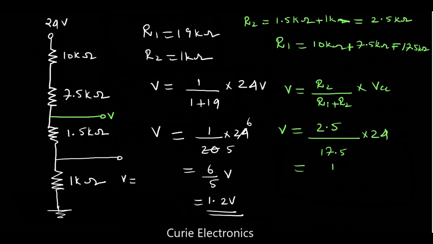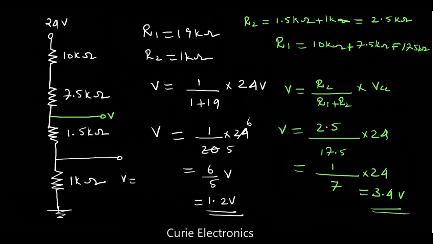If you divide by 2.5, 4 times it is 10, and 17.5 is 7 times, so 1 by 7 into 24. So 24 upon 7. 3 sevens are 21, remainder 3, so we will get almost 3.4 volt.